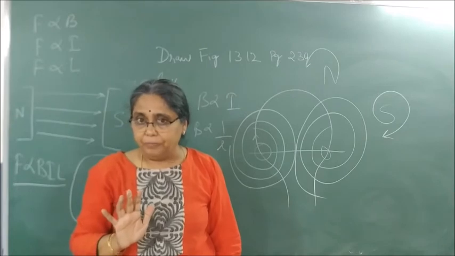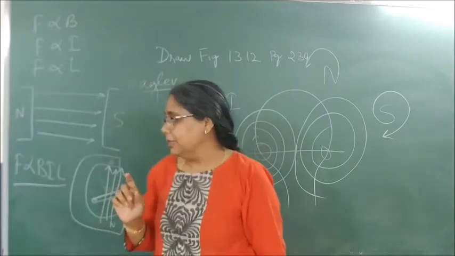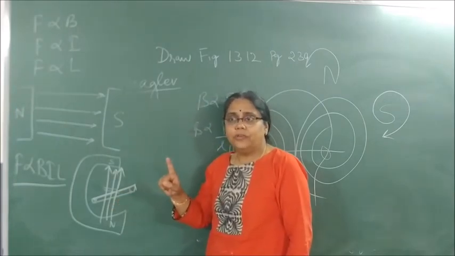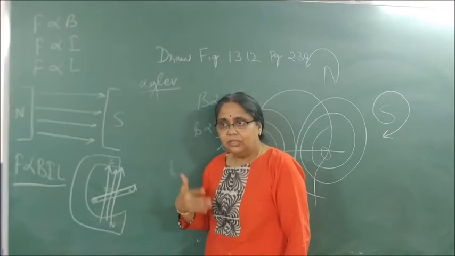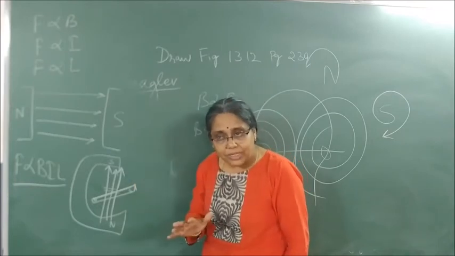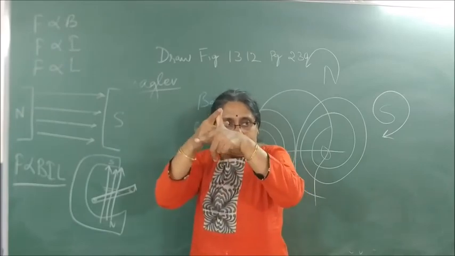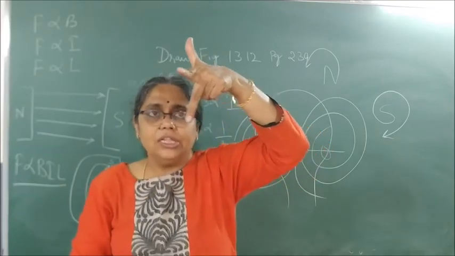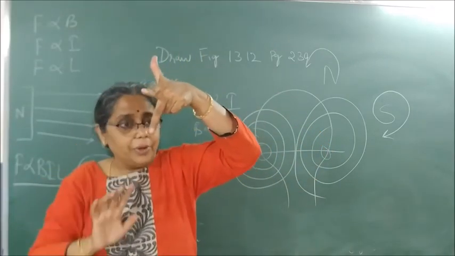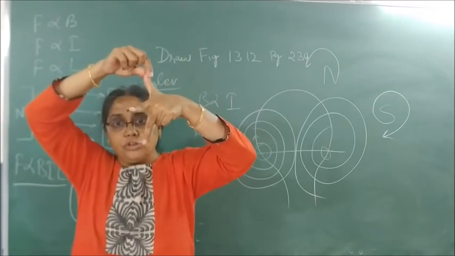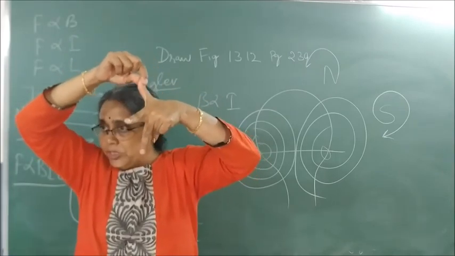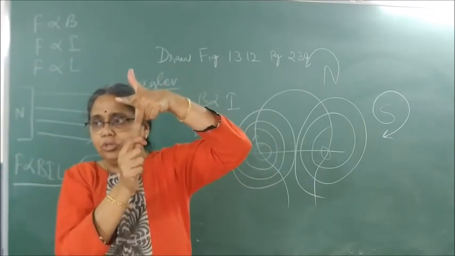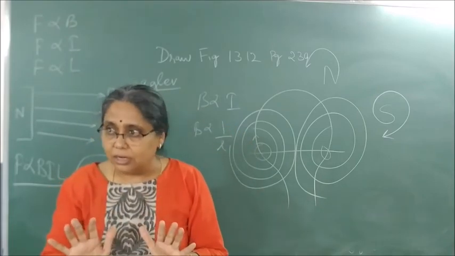So when you place a current carrying conductor in a magnetic field, it experiences a force, the direction of which is given by Fleming's left hand rule. Is it clear?